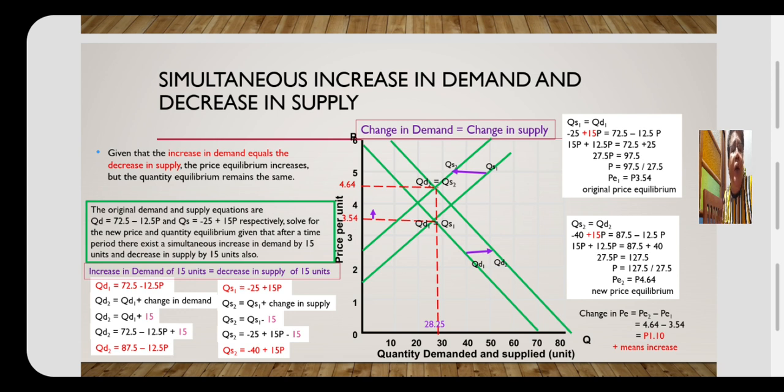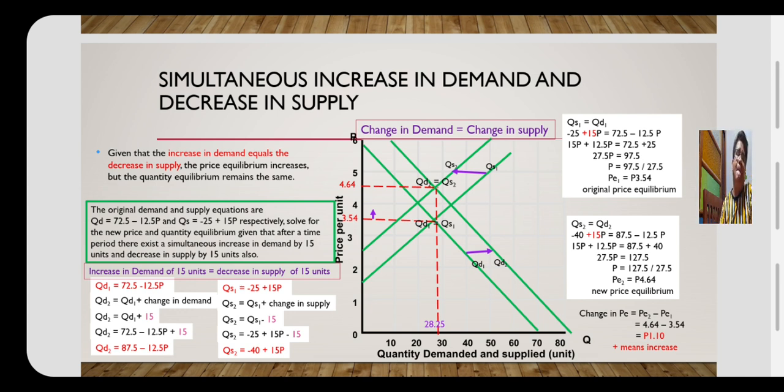So if you look at the graph, the price equilibrium was from 3.54 to now 4.64. So the price equilibrium actually increased.